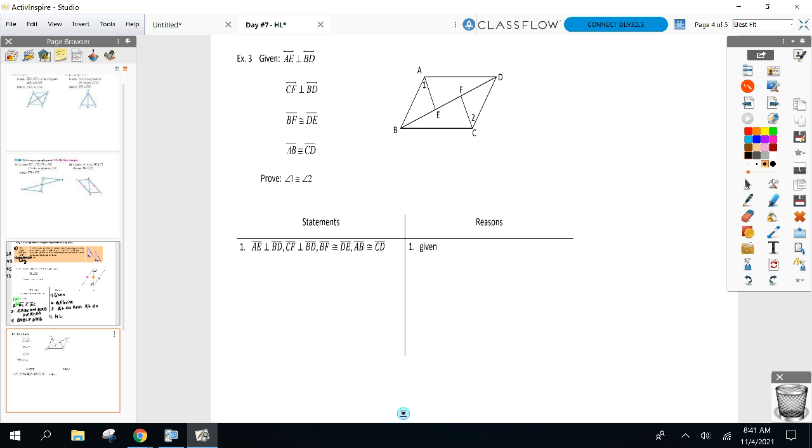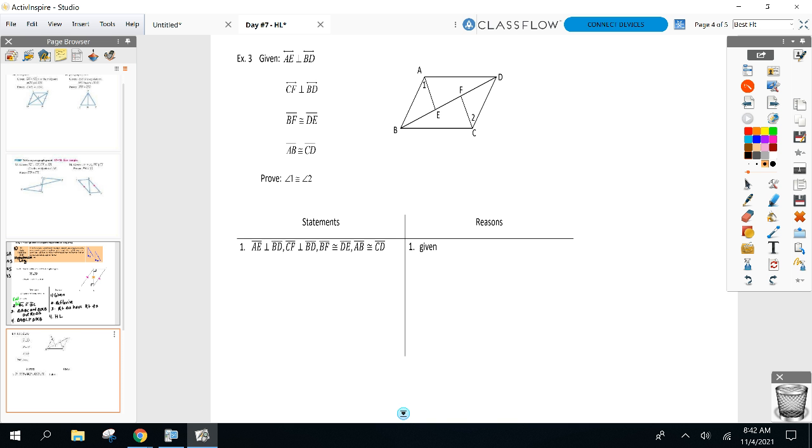Wow, look at this one. This looks like a ton going on. Time out. Look at the proof statement. 1 congruent to 2. Those angles aren't going to be congruent unless the triangles are. Does anybody know what type of proof this is going to be at the very, very end?